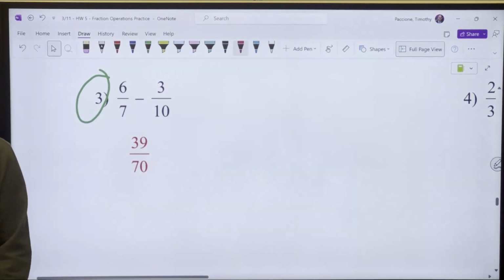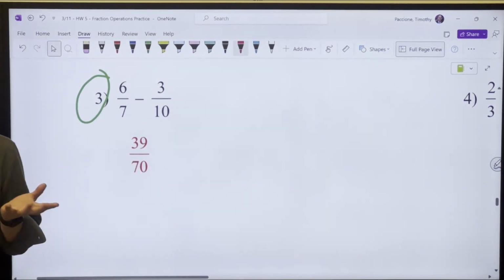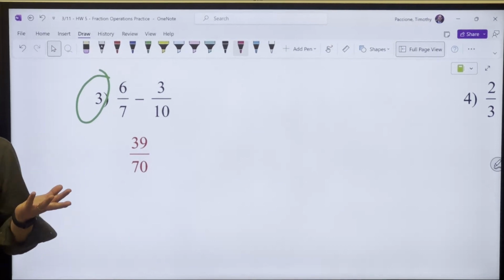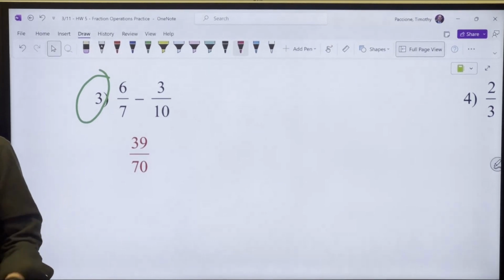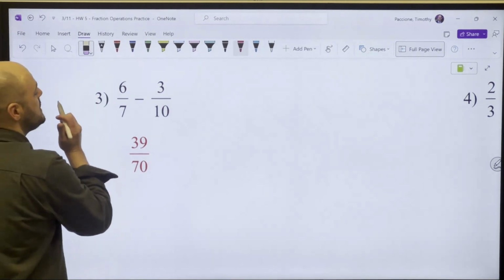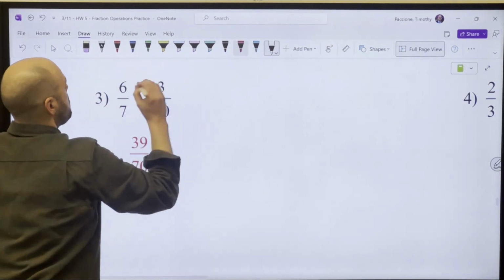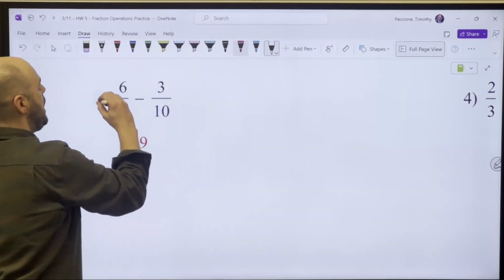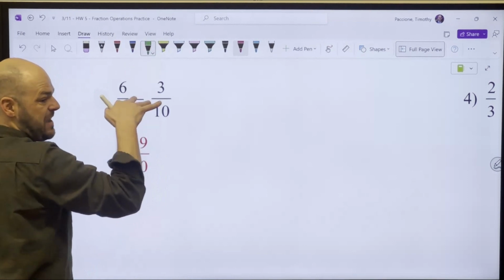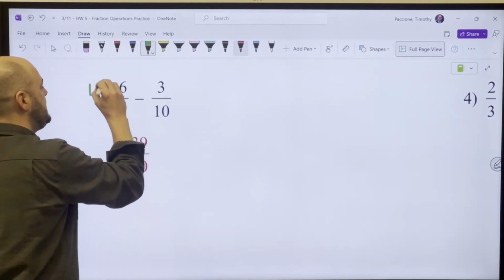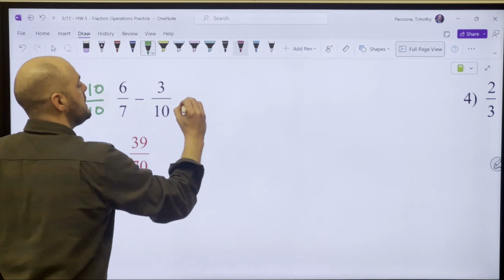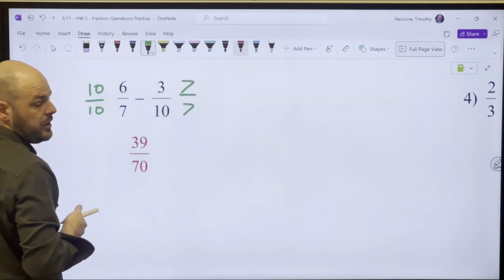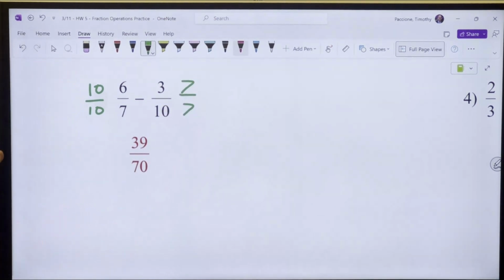So we need to get them. When one doesn't go into the other, an easy thing to do is just multiply them by each other and get that common denominator. So I'm going to say, okay, I want them both to have 70 on the bottom. So I'm going to multiply this one by 10 over 10 and 7 over 7 over here, right? That'll give me 70 on the bottom of both.